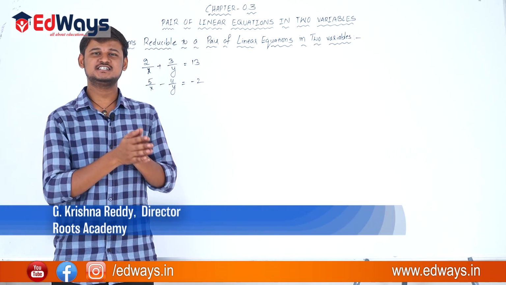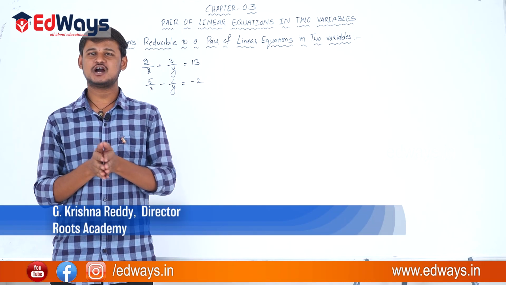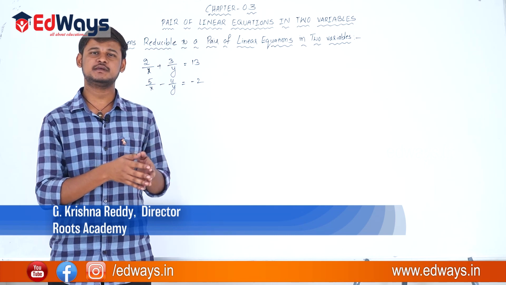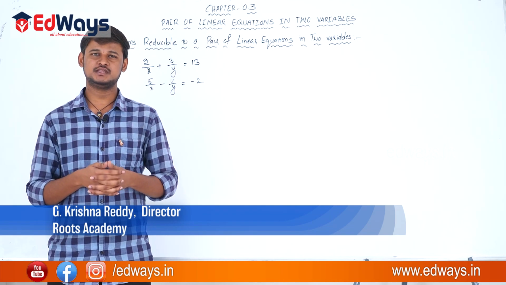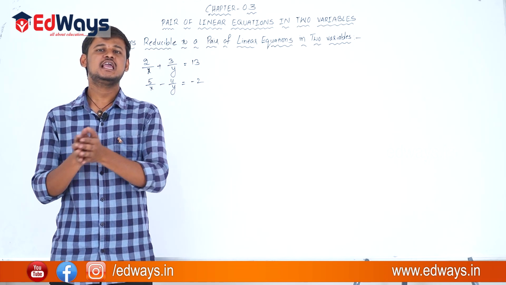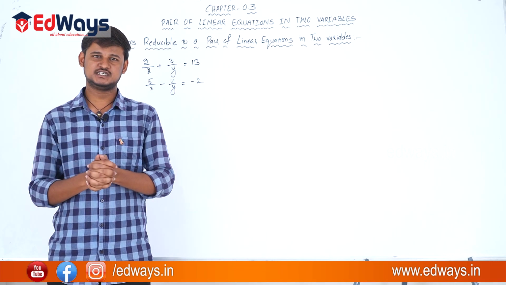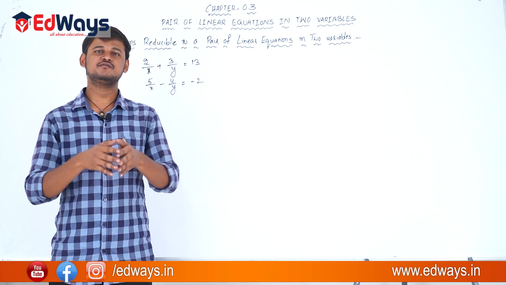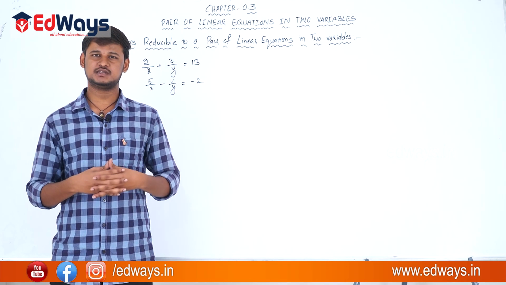So in the previous sessions we covered how to solve linear equations by different methods. We have seen the algebraic method and the graphical method. Under algebraic methods we have the substitution method, elimination method and cross multiplication method. We have also seen how to find solutions using the graphical method.